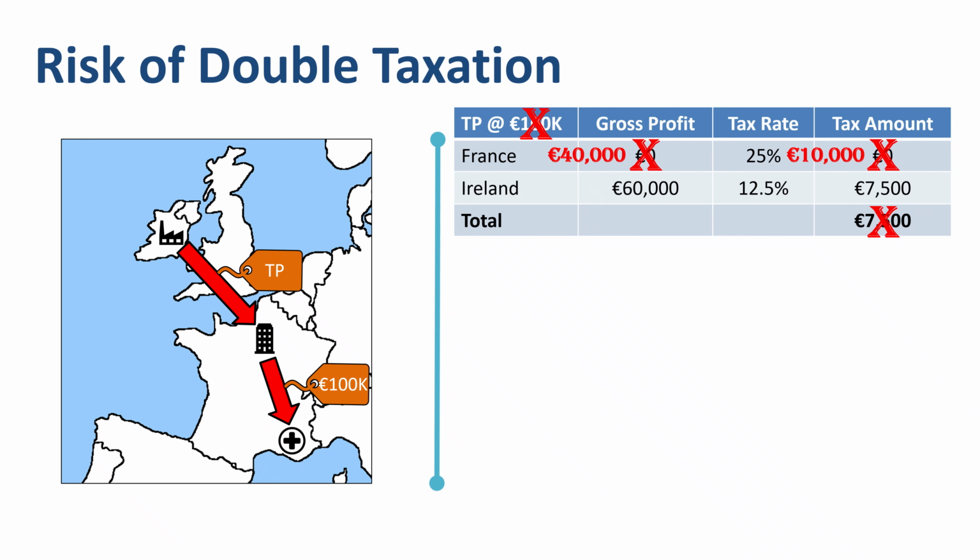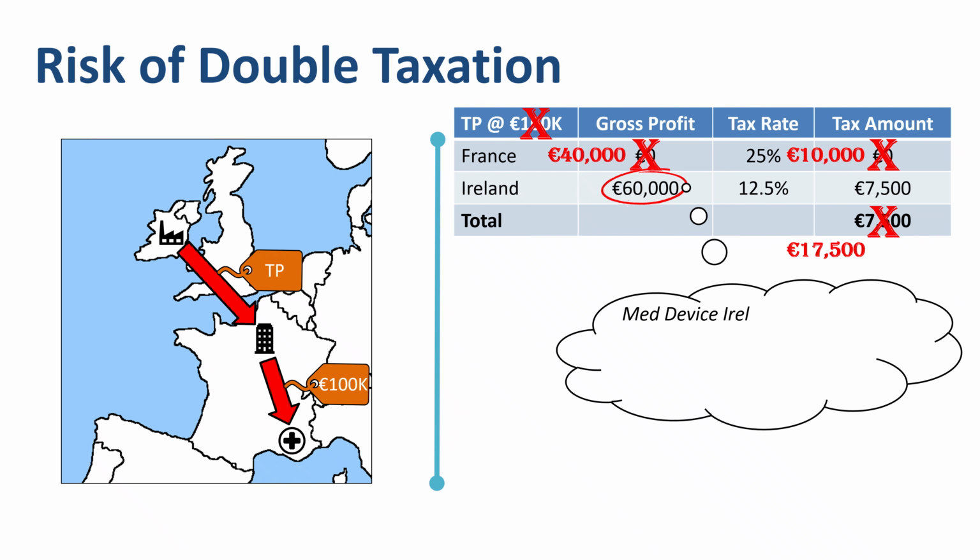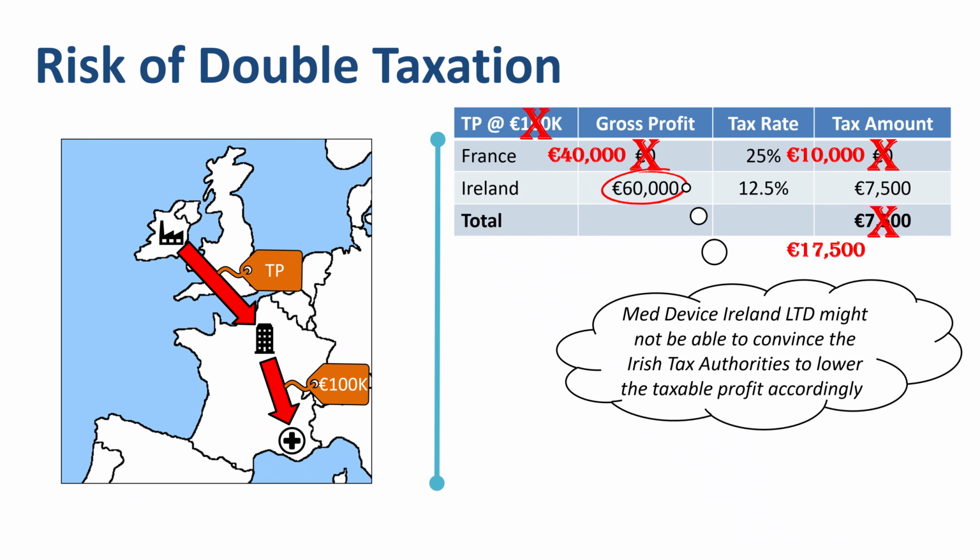The total tax charge is now 17,500 euros. The double taxation situation arises as MedDevice Ireland Ltd might not be able to convince the Irish tax authorities to lower the taxable profit in Ireland accordingly.